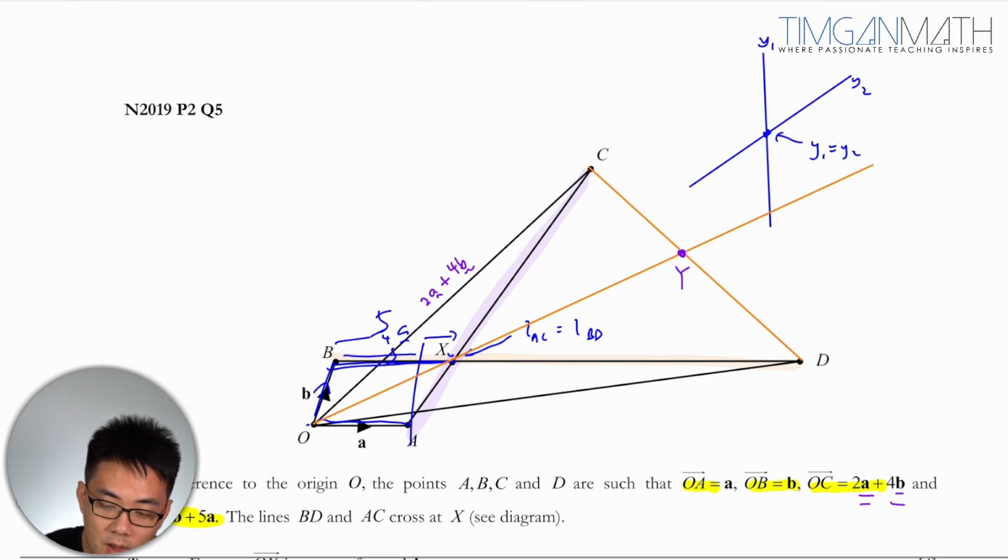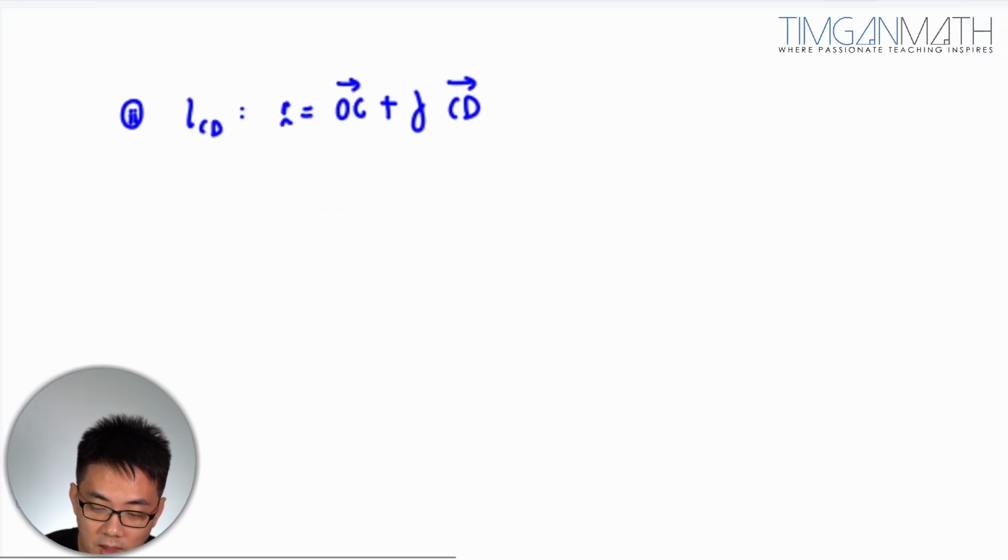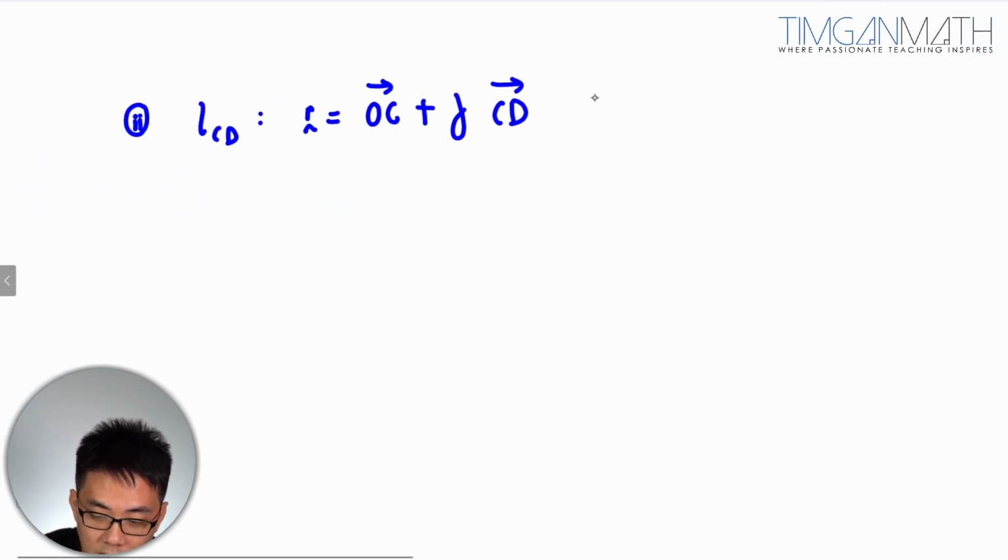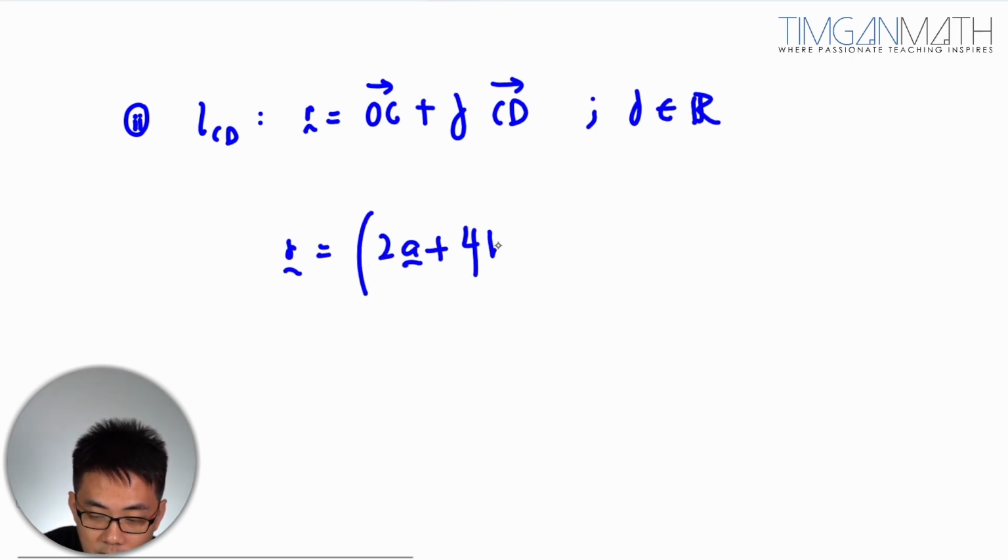So from here, what I'm intending to do is actually just write this down. R where gamma is its real value, and R is equals to OC, which is 2A plus 4B plus gamma, which is actually OD minus OC. Right.